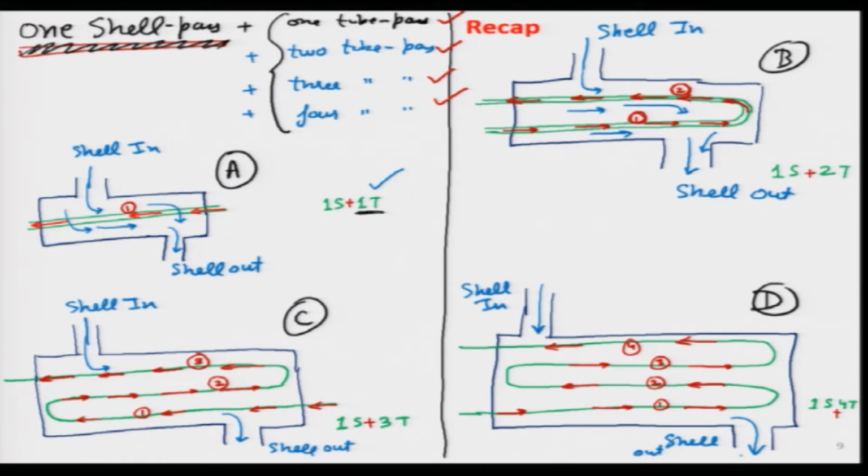In case A we have one tube pass, as shown with the red arrows, it goes once over here. Then we have two tube passes, where the red arrow travels once in this direction, and I have written this number 2 over here. So, there are 2 tube passes.